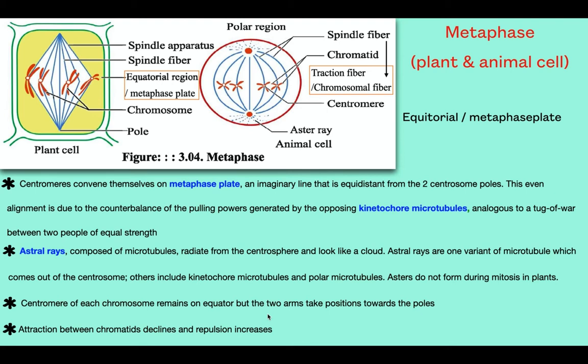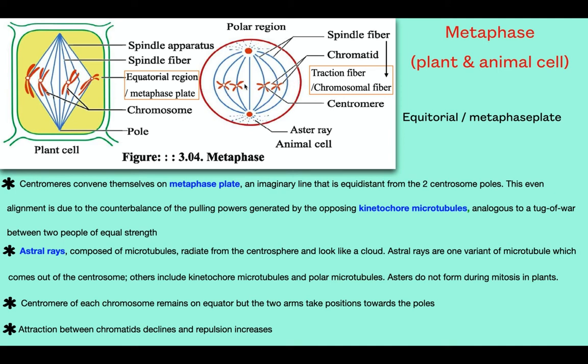Metaphase. We can see the plant cell and animal cell side by side. Well, the equatorial region or metaphase plate is at the middle of the cell. This is an imaginary area or imaginary line like the equator on the earth. So it is in the middle of the cell, and during metaphase we see that all the centromeres are aligned on the equatorial region.